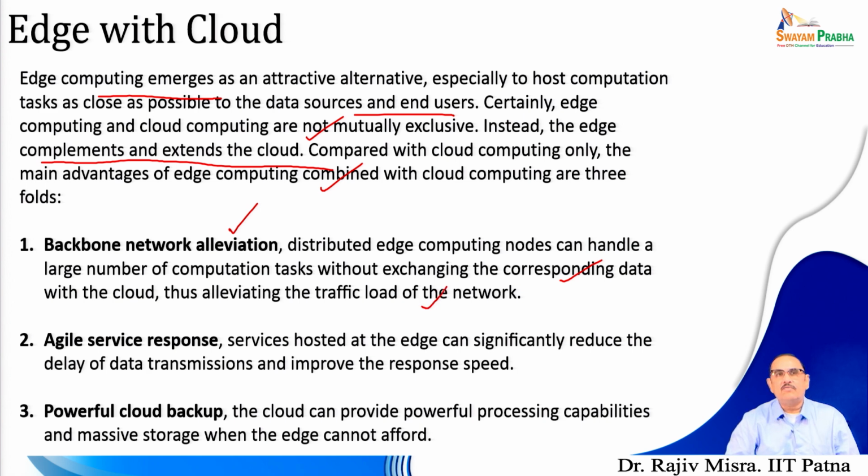The other important advantage is agile service response, that is the services hosted at the edge can significantly reduce the delay of data transmission and improve the response speeds. Powerful cloud backup, that is the cloud can provide powerful processing capabilities and massive storage which the edge cannot afford.